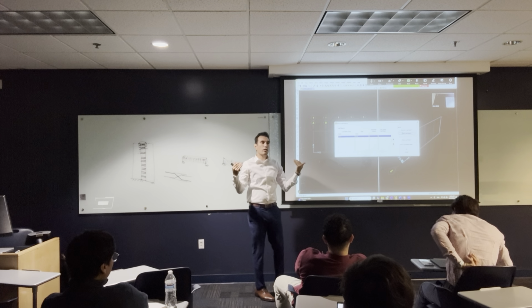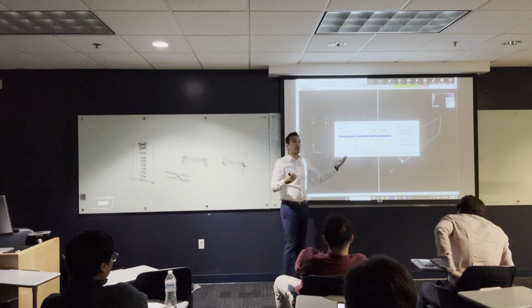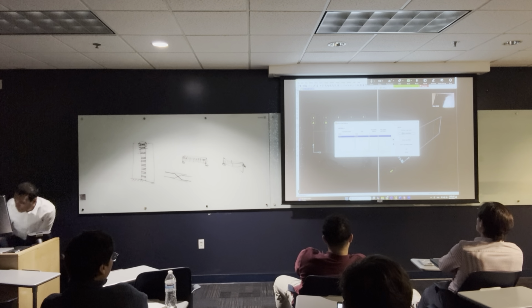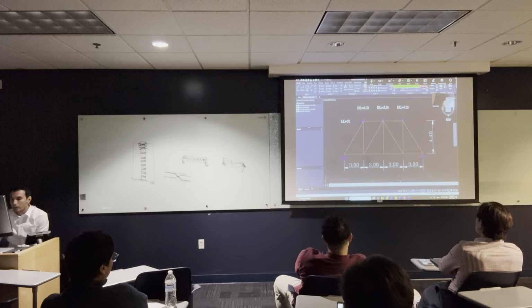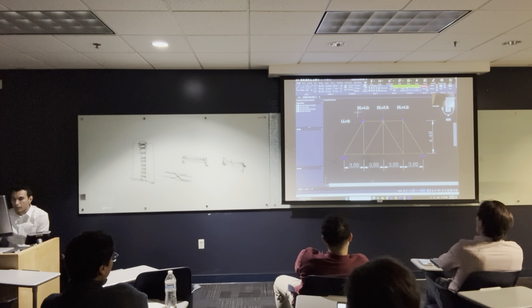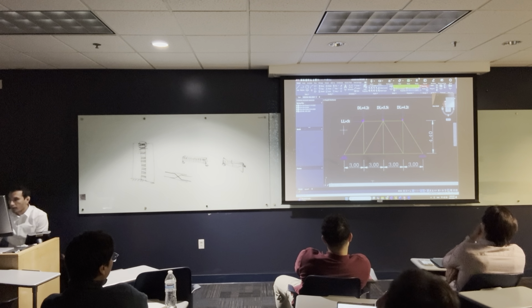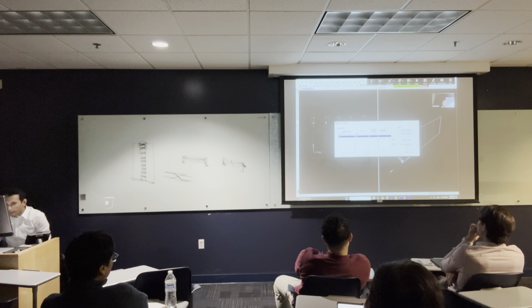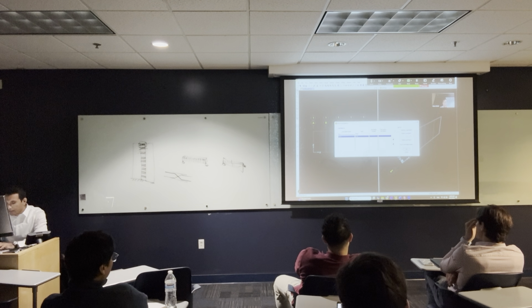Okay, let's say we are done with the dead load. Let's add a new load pattern, which is the live load. Why? Because I have here 2 load patterns, dead load and live load. All right, so I'm going to come here and name this load pattern live.